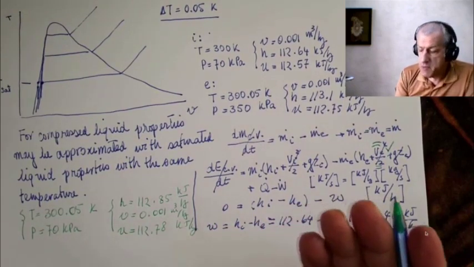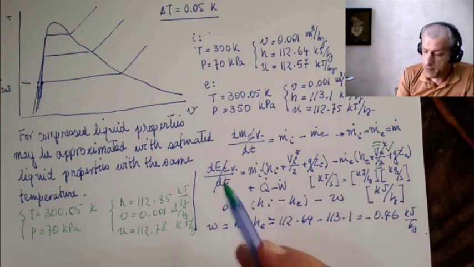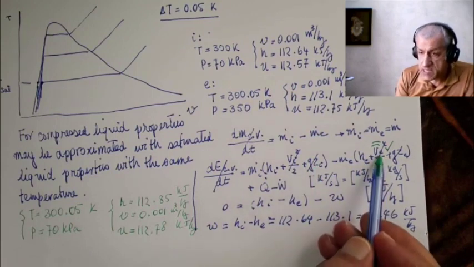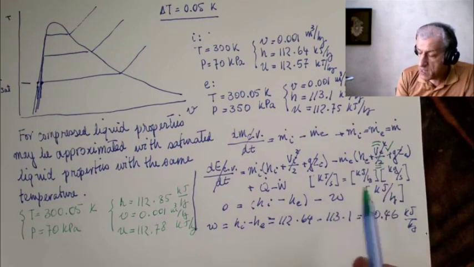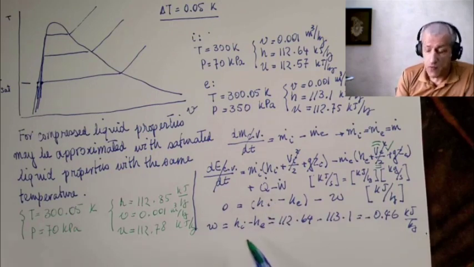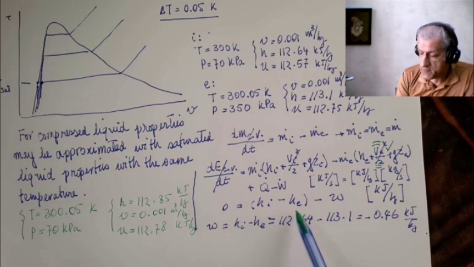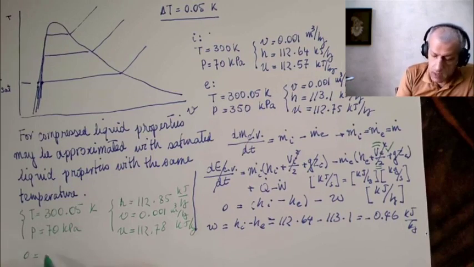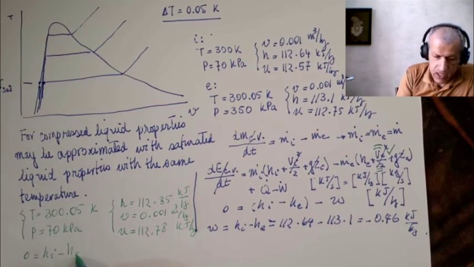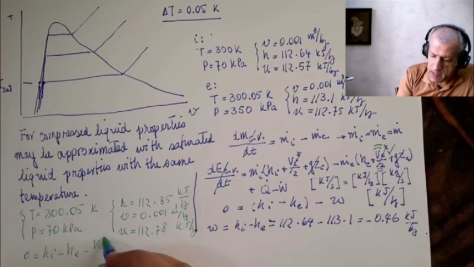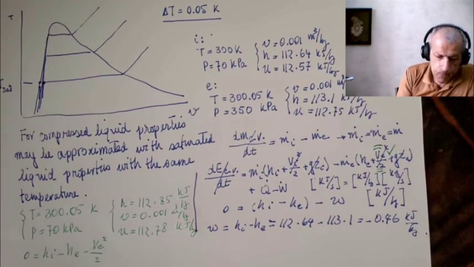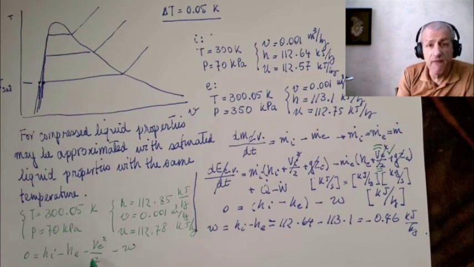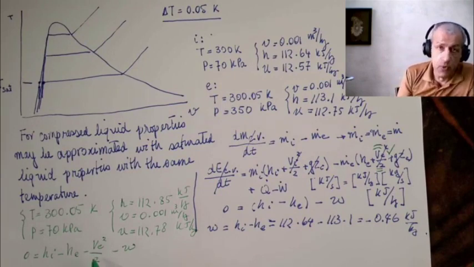How would we simplify? First law. This term vanishes. This term and this term vanish. This one we should keep. There is no heat transfer, and of course there is work. So we would find 0 equals h_i minus h_e minus v_e squared over 2 and minus w. So there is some velocity at the exit point.